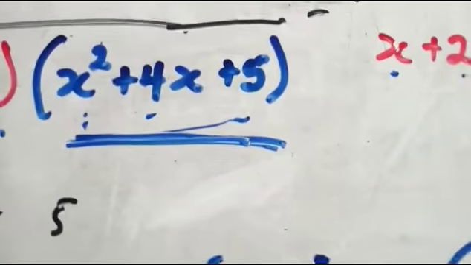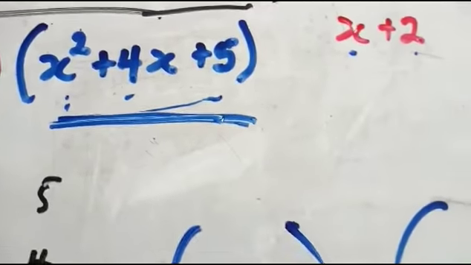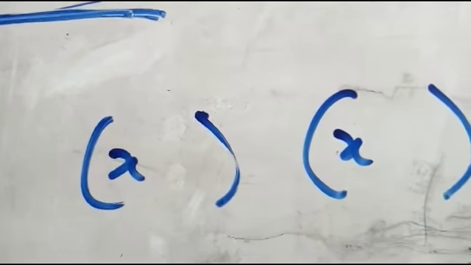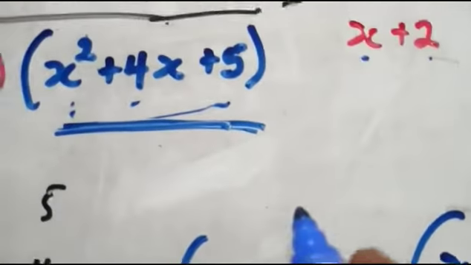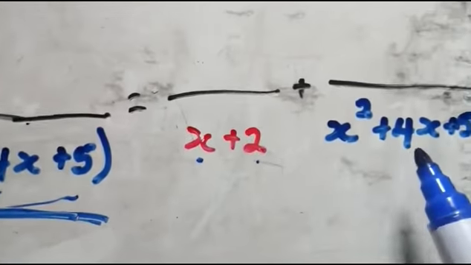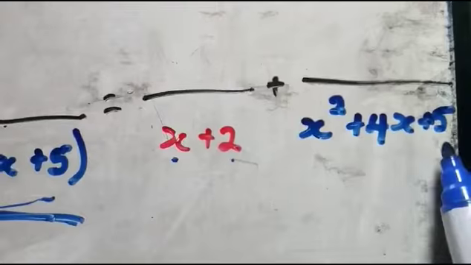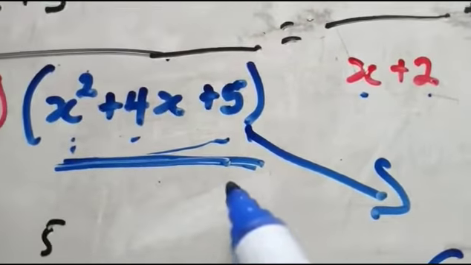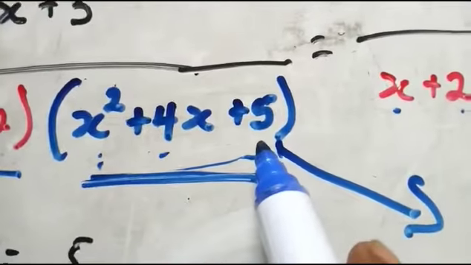If you cannot get any factor, maybe x minus something or x plus something, then your denominator will be x squared plus 4x plus 5 as it is. The reason is that you cannot factor the quadratic here.